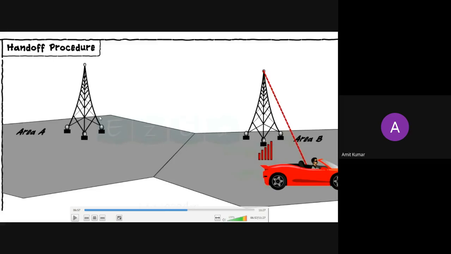But sometimes it may happen that in this area also you can have the connection with area A. So once the signal strength of area B antenna is proper enough, then it is going to hand off. So this kind of handoff is known as soft handoff. So there are two types of handoffs. One is soft handoff and the second one is hard handoff.